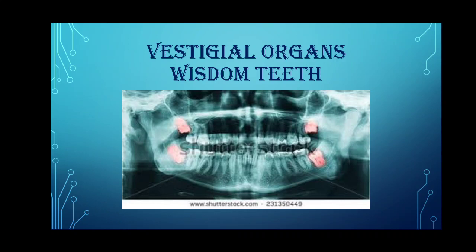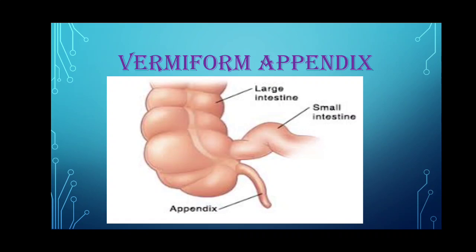Let's take a few examples, like the wisdom tooth. The wisdom teeth are the last molars on each side of both the jaws. They are smaller and less complex than other molars. We hardly use our wisdom teeth for chewing our food. Then, the vermiform appendix.